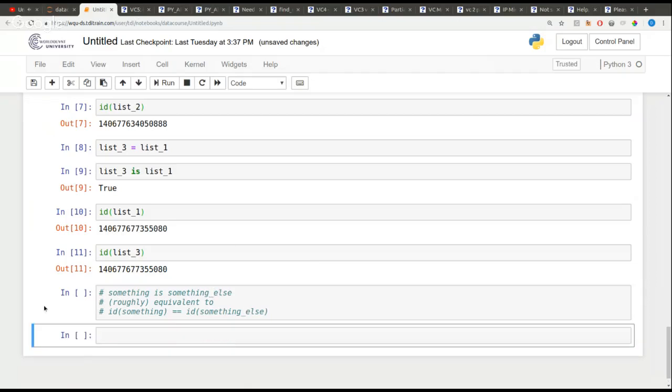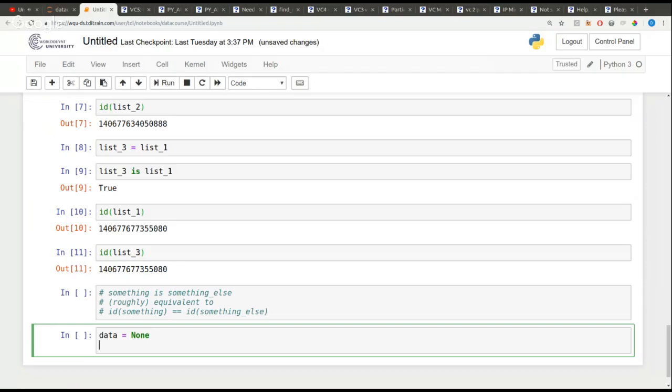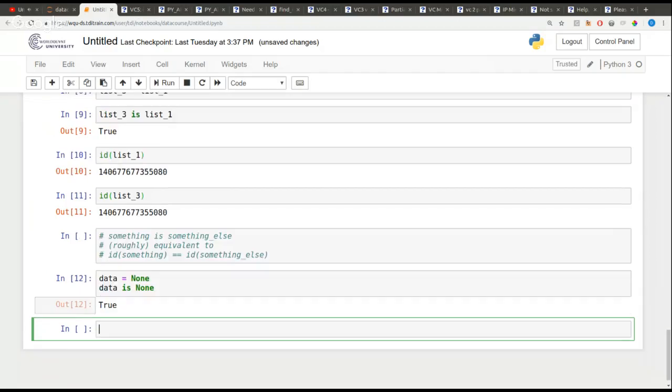The one place where we use this a lot is if we're comparing to immutable data. For example, we might have some data point, and that might be missing data, so it's maybe None. We'll often write data is None to check if data is None.